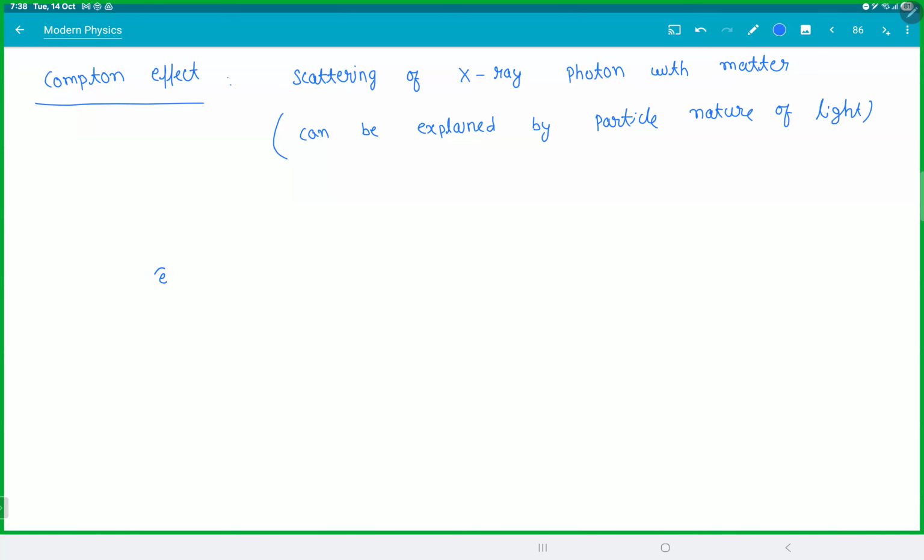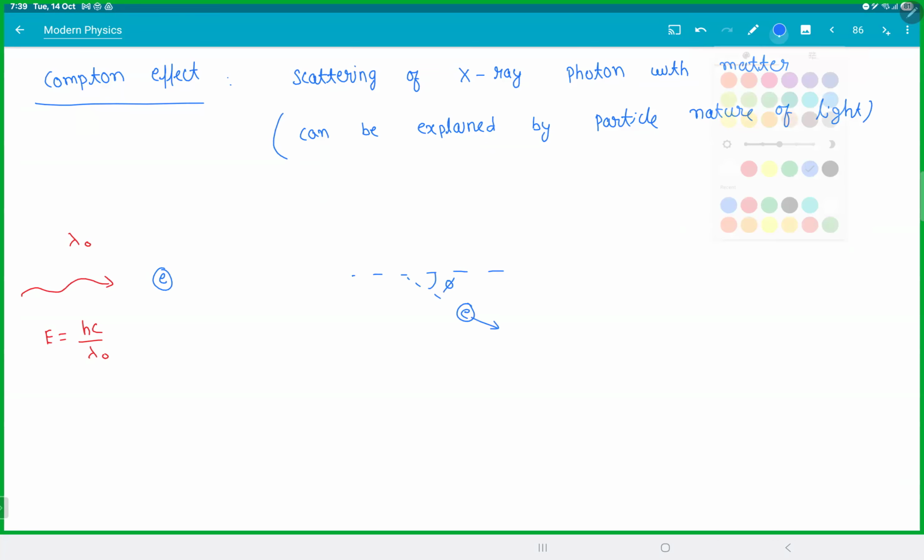So if you have an electron, let's say we have a photon of wavelength lambda naught. The energy of this photon is hc by lambda naught. After collision, the electron bounces off at an angle. Let's say this angle is phi. In this process, you also get another photon, lambda dash, at an angle theta.